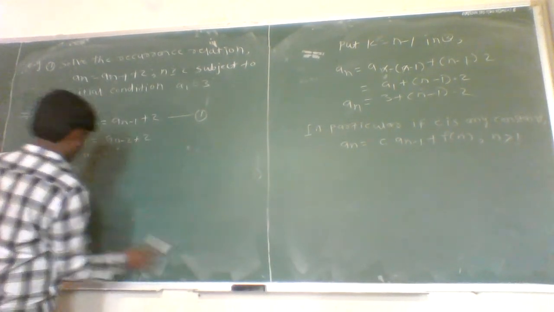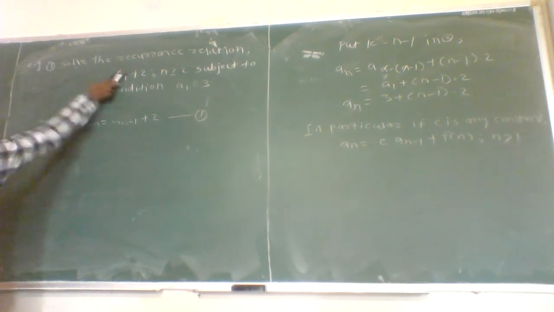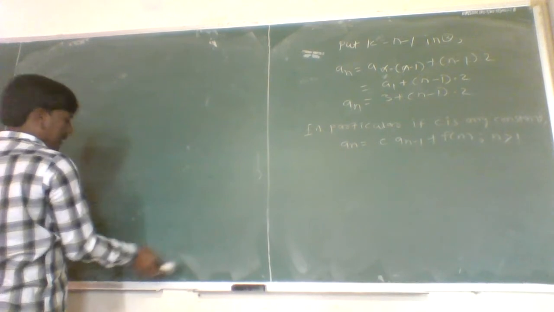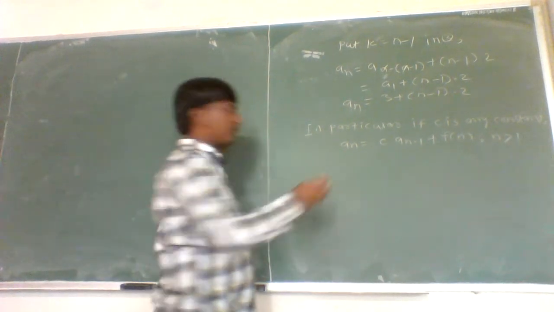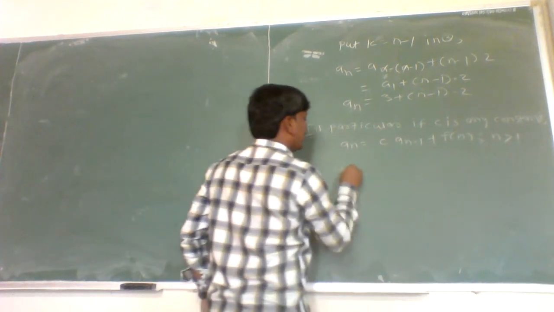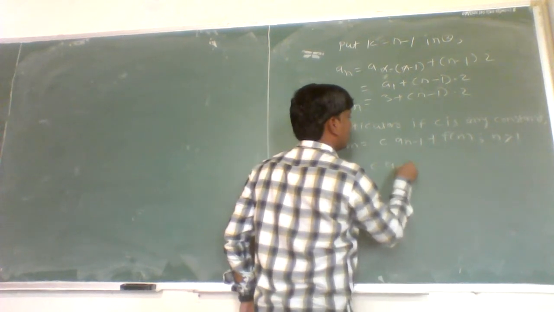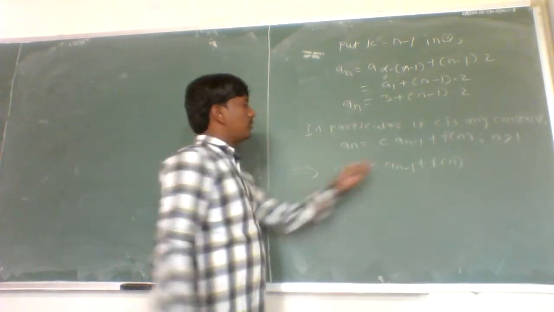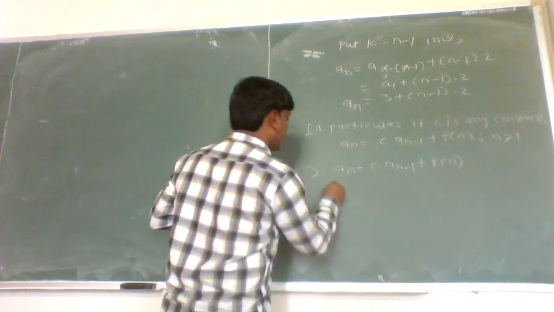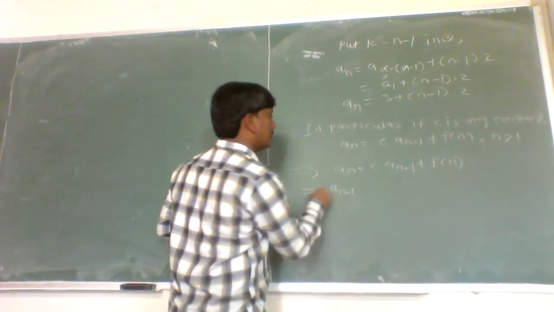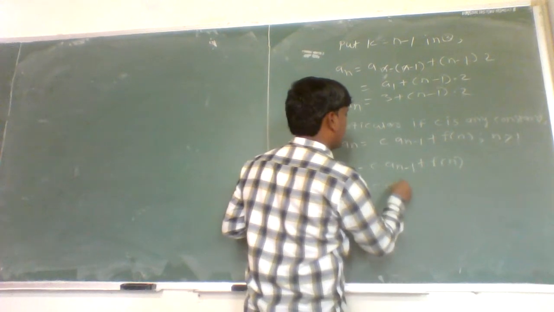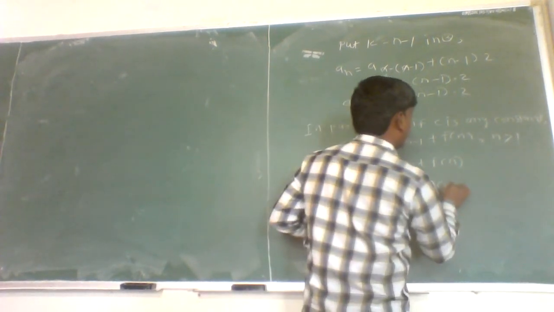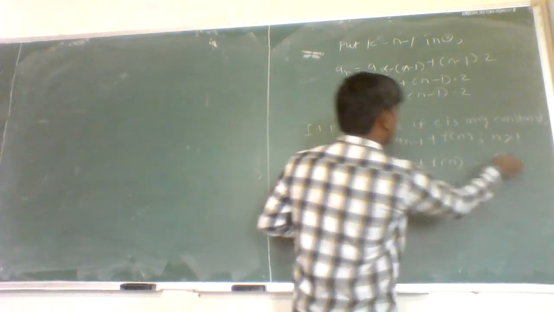From a_n = c a_{n-1} + f(n), we find a_{n-1} by replacing n by n - 1: a_{n-1} = c a_{n-2} + f(n-1). Take this as equation 1.